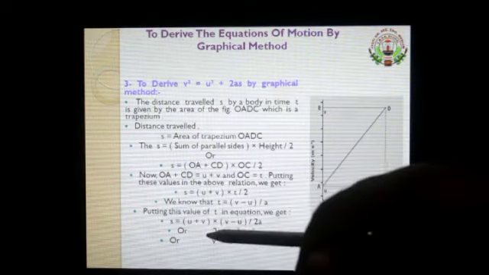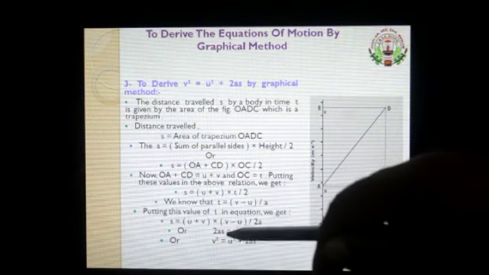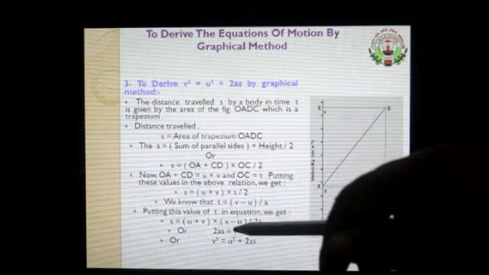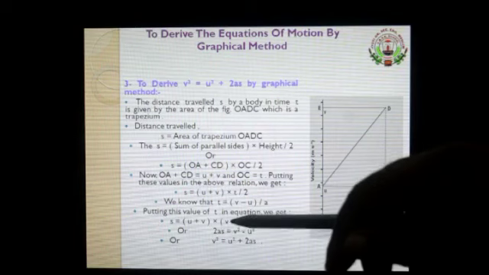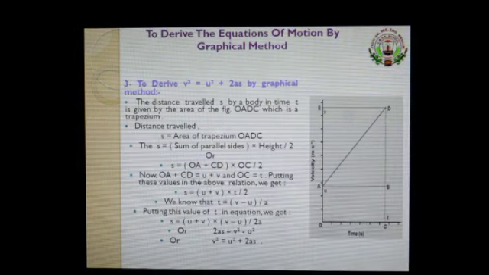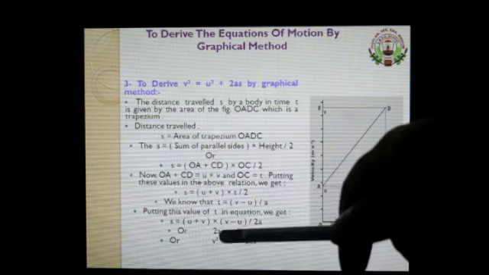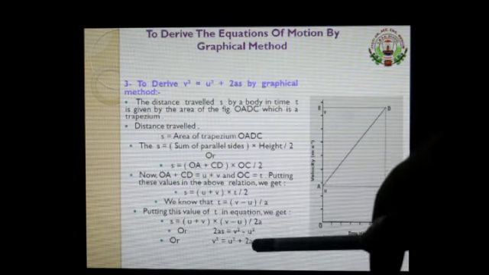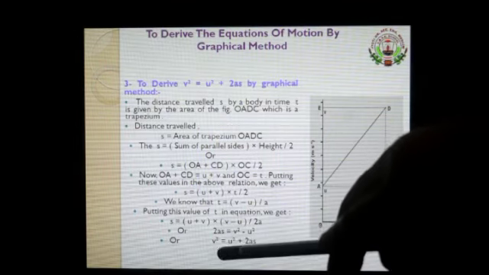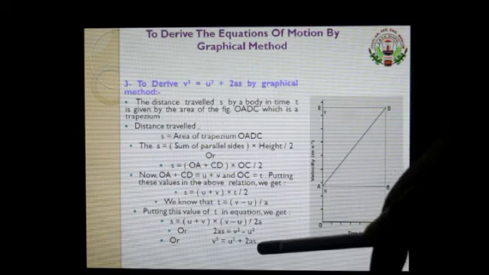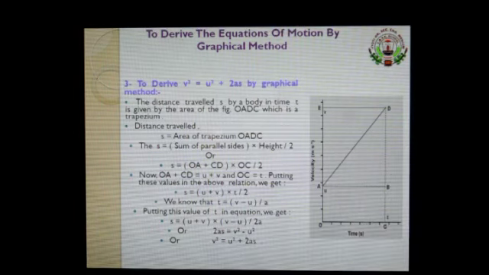Cross multiply it, you will get 2as is equal to v² minus u², because it is in the form of the identity (a plus b) into (a minus b). What is (a plus b) into (a minus b)? That is a² minus b². So we will be getting 2as is equal to v² minus u², or by rearranging we will get v² is equal to u² plus 2as.